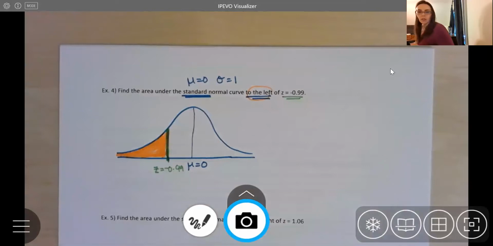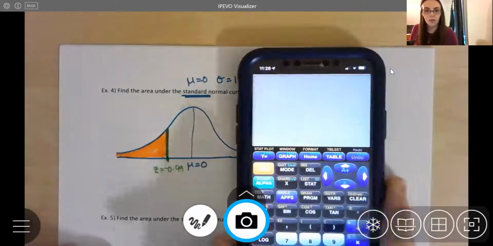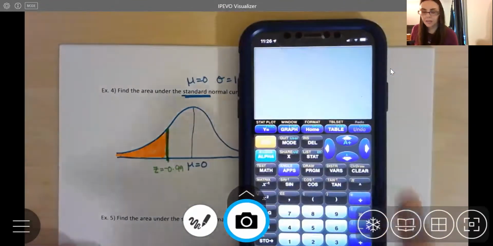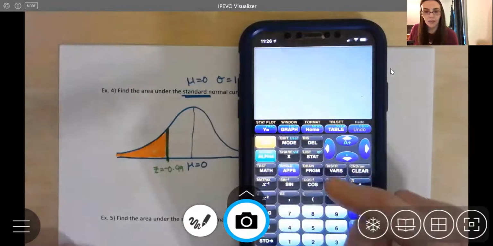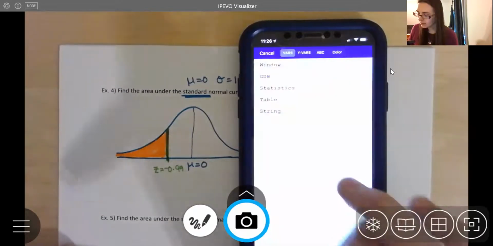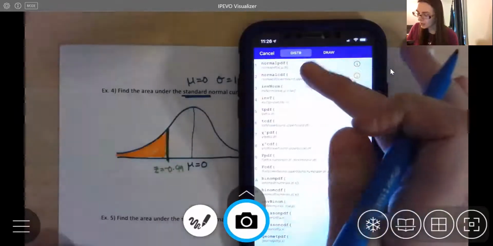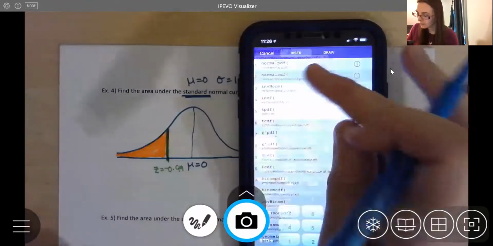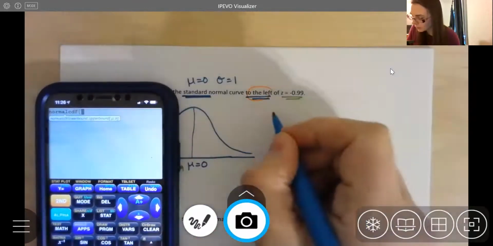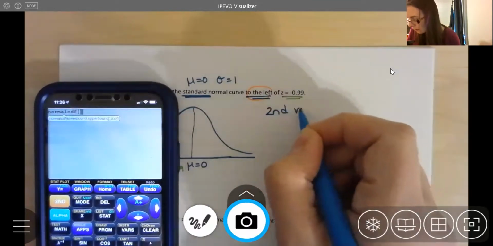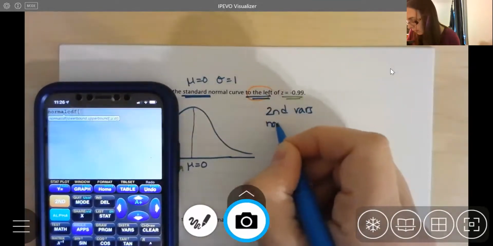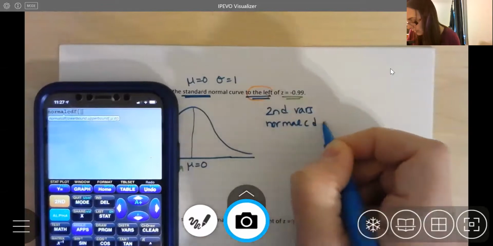All right, let's use technology first. For technology, we're going to hit the second key, then bars, and then normal CDF.